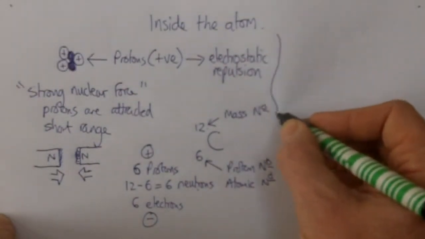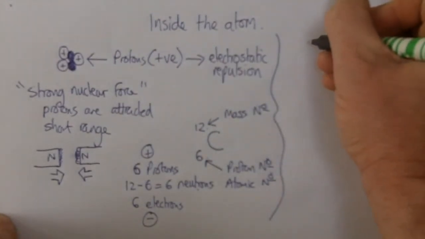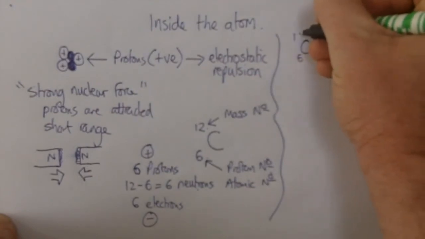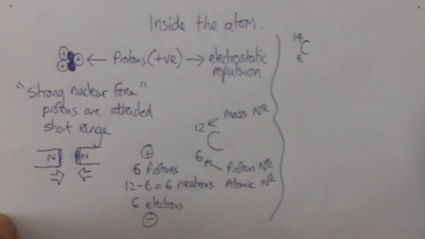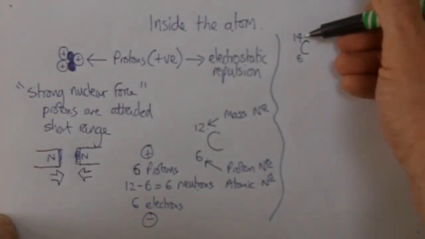Now, going on to some chemistry again, there are different versions of atoms. So for example, carbon-12 is probably the one we're most familiar with, but there is another version of carbon called carbon-14. It's got 14 particles in its nucleus.